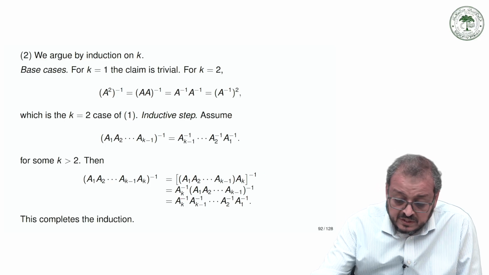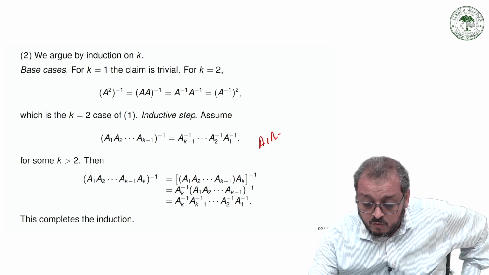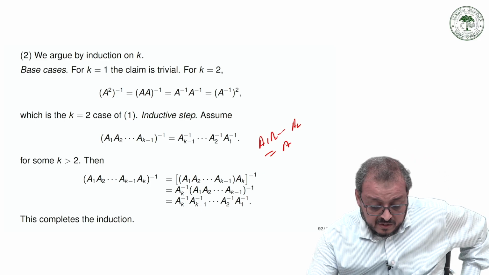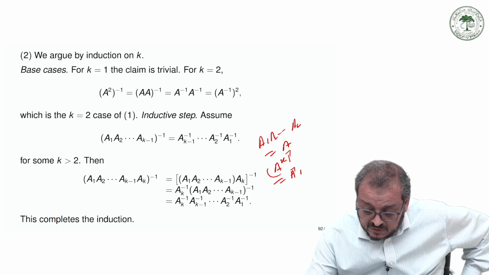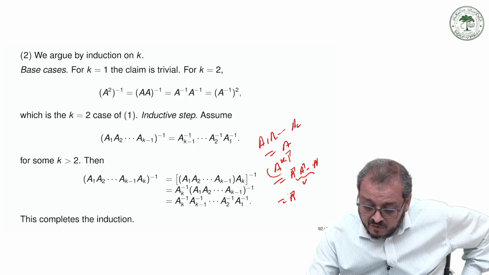Now if we have a1, a2 up to ak all equal to a, then we can say that (a to the power k) inverse is the same as a inverse, a inverse, k times, which we can say is (a inverse) to the power k.